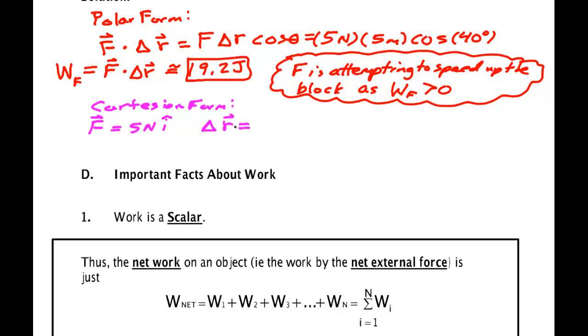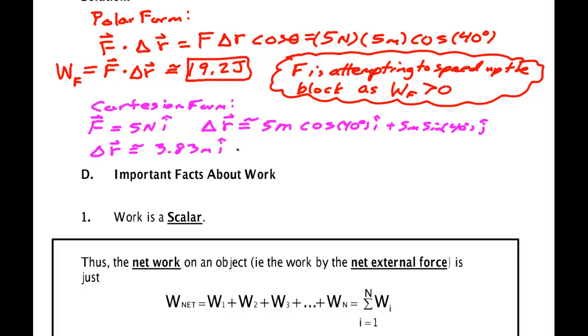And delta R in Cartesian is 5 meters times the cosine of 40 degrees i hat plus 5 meters sine 40 degrees j hat. That says that delta R is approximately 3.83 meters i hat and 3.21 meters j hat.